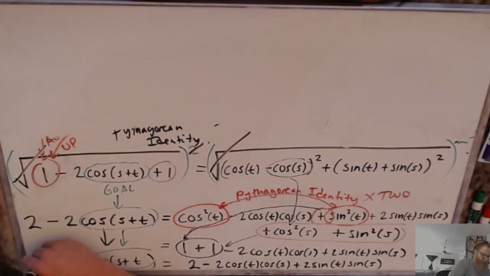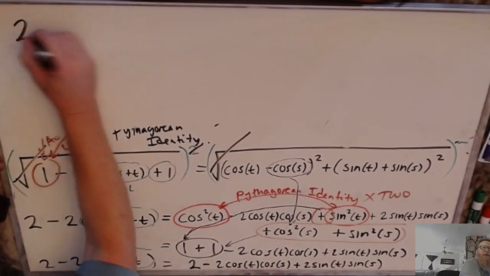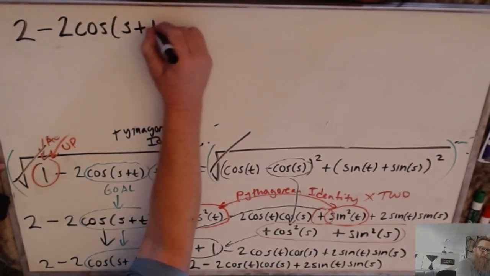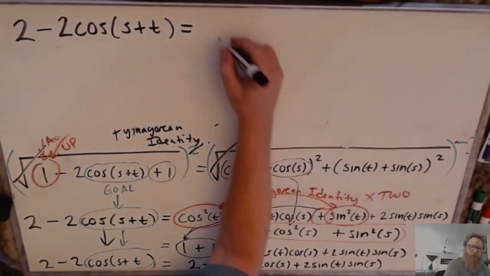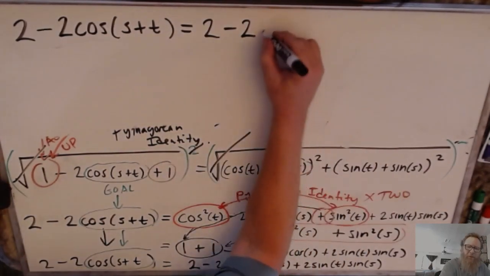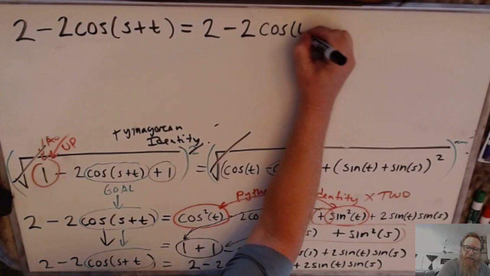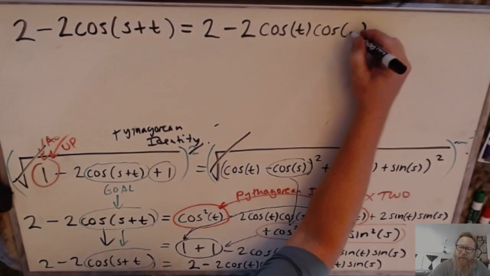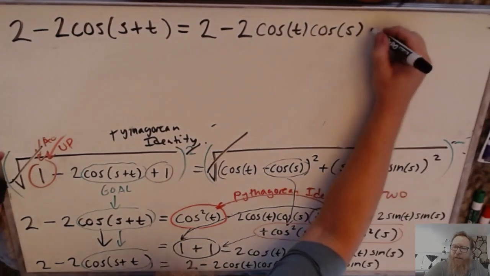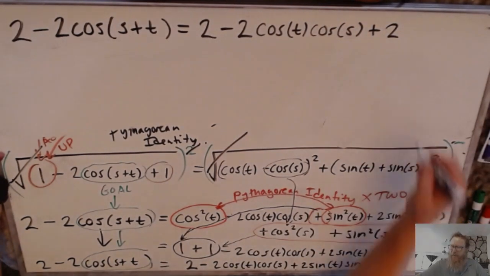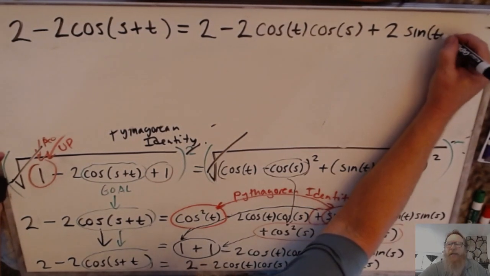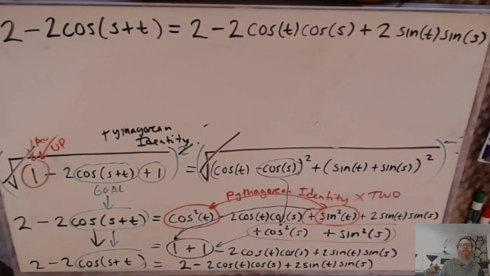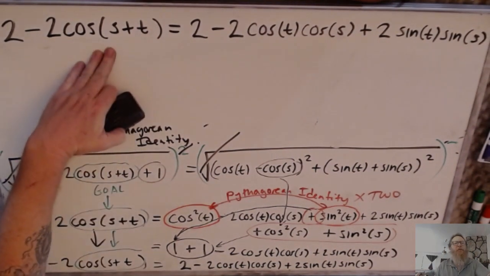All right, so coming back here, we got 2 minus 2 cosine s plus t is equal to 2 minus 2 cosine t cosine s plus 2 sine t sine s. Our goal is to solve for cosine.